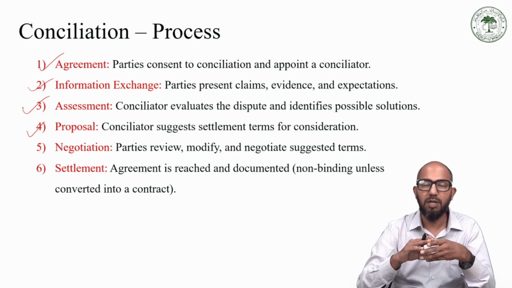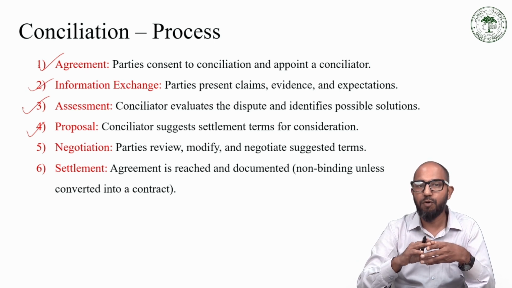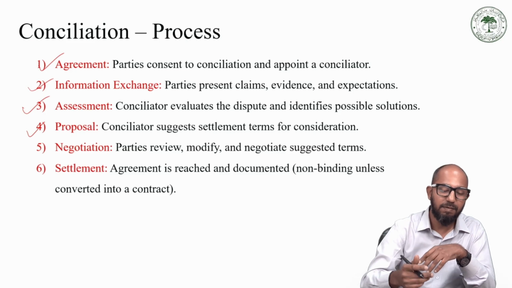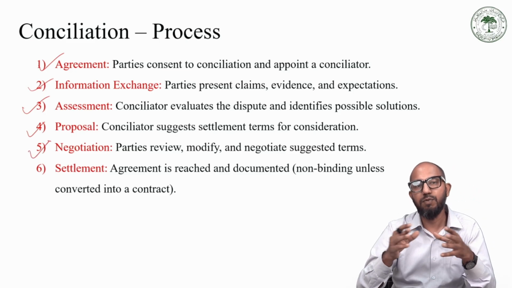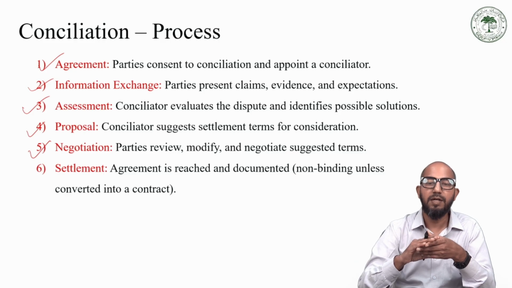The proposal may be inclusive or exclusive. It means that the proposal may include both the parties' participation or it may include participation from one party or sacrifice from one party. Then comes the step of negotiation. Parties review, modify, and negotiate suggested terms.